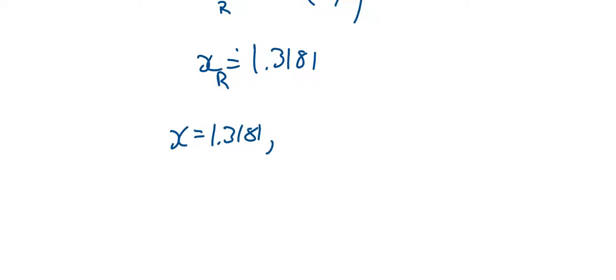And how do we find quadrant 4? 2 pi minus 1.3181, which works out to about 4.9651. So I got 2 solutions here and 3 over there.